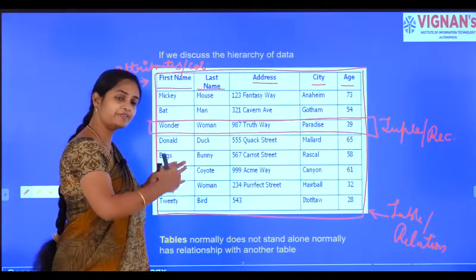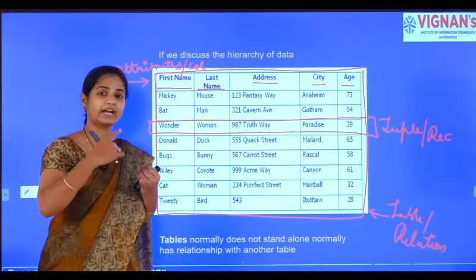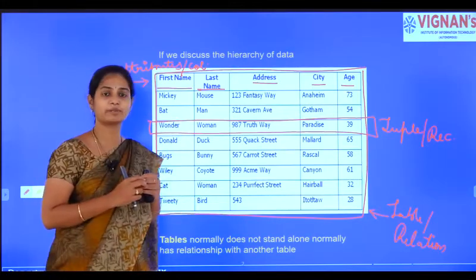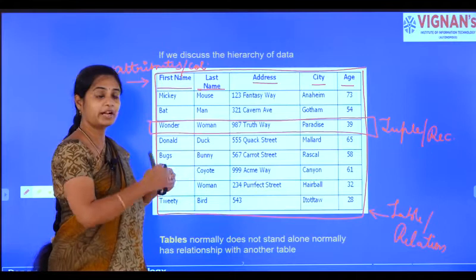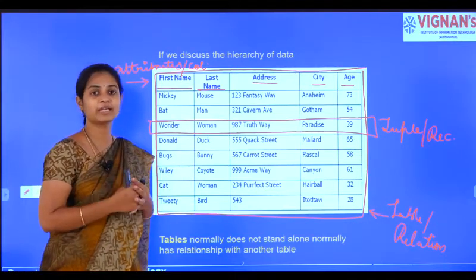And when we are inserting the information into every table, how do we identify that this tuple belongs to this particular table only, or what information this tuple gives? How are we able to know?